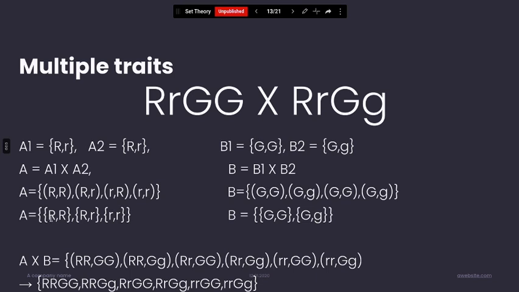So this will give me R capital with G capital, and then you'd have R capital with G capital, G small. Then again, doing the same thing with the second element, you'll get R capital R small with G capital, R capital R small with G capital G small, and the same thing, of course, for the third element.